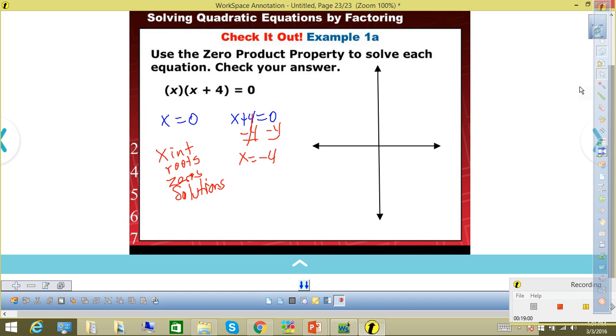Okay, let's see. What'd you get for your y-intercept? Go ahead, Dylan. What is it? 0? How did you get that? Where did you get the 0?